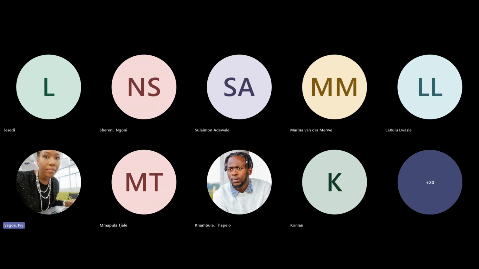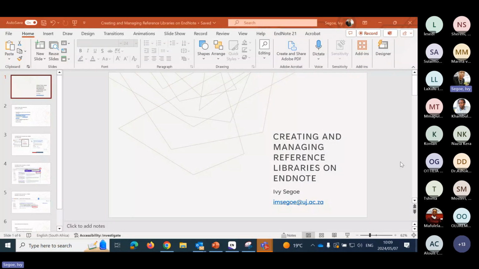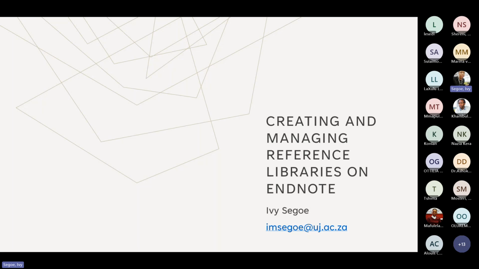Thank you. So I am just going to start off by sharing my presentation. There are two parts to this session. I am just going to do a very brief intro of the session where I highlight some of the features of EndNote that you can use to create your libraries on EndNote and some of the features that you can use to manage your references.